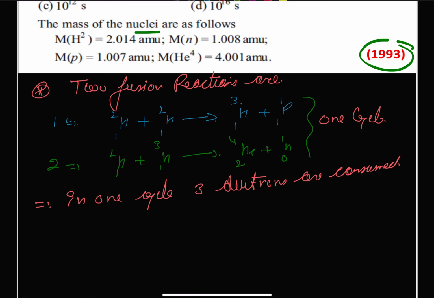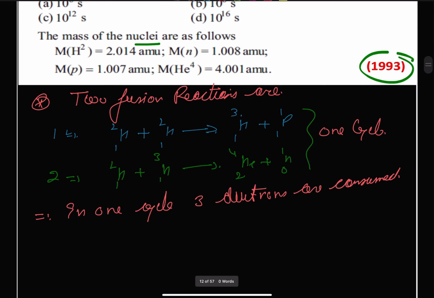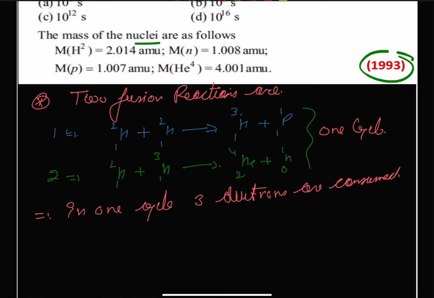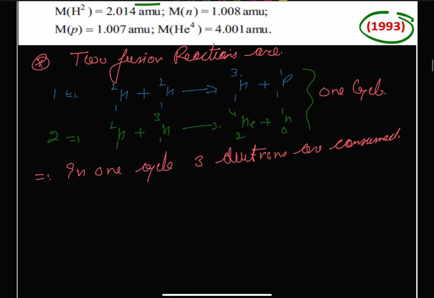Therefore, the number used per cycle is 3, and the total number is given. So from there we can find out the number of cycles that are possible.